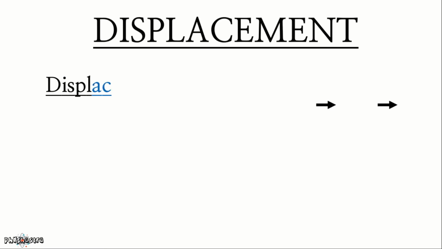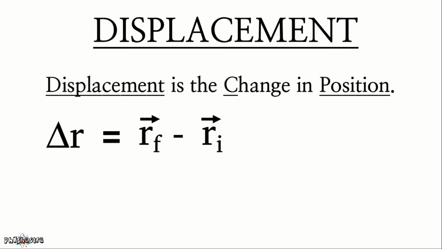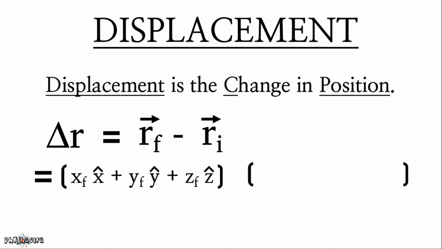The displacement is the change of position from initial to final. Here final position is r sub f and initial position is r sub i. Then the final position will be vector r sub f equals x sub f x cap plus y sub f y cap plus z sub f z cap.